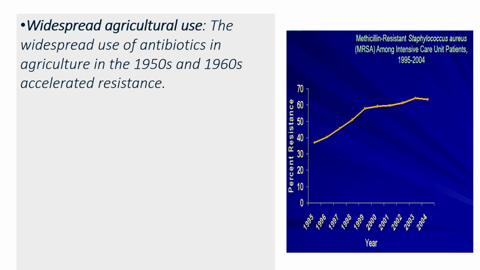This may be because of the widespread agricultural use of antibiotics. The widespread use of antibiotics in agriculture in the 1950s and 1960s accelerated resistance. In 1961, MRSA was reported, the methicillin-resistant Staphylococcus aureus.